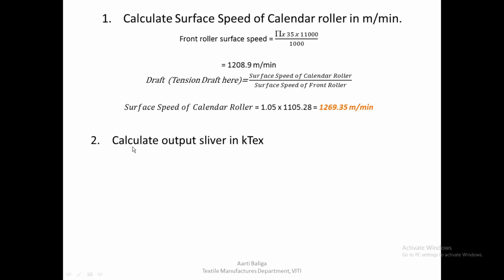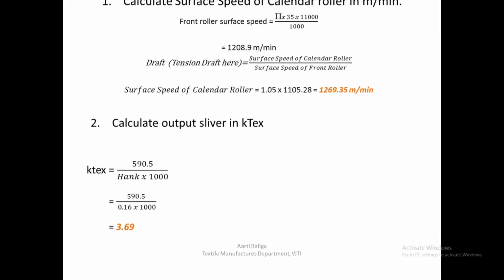Then the second step is to calculate the output sliver in kilotex. Remember that we have been given the hank of the output sliver, which is 0.16. To calculate kilotex, I'll use this formula again, and once you substitute, you get the value as 3.69. Using these two values, I need to calculate the production.